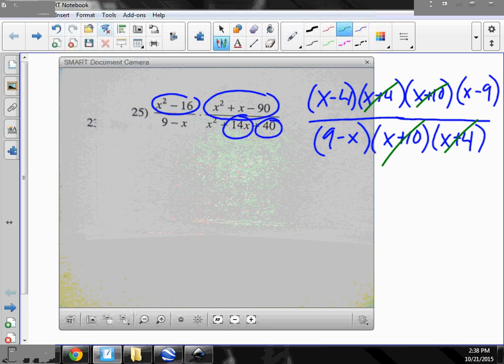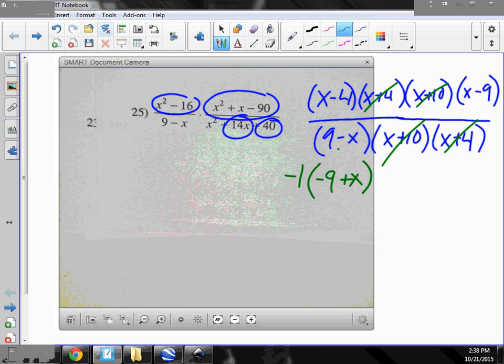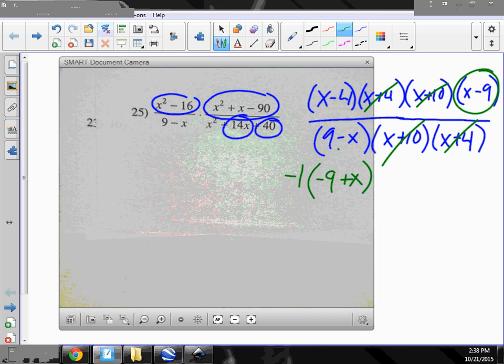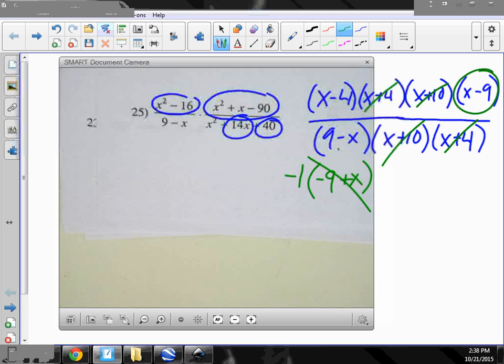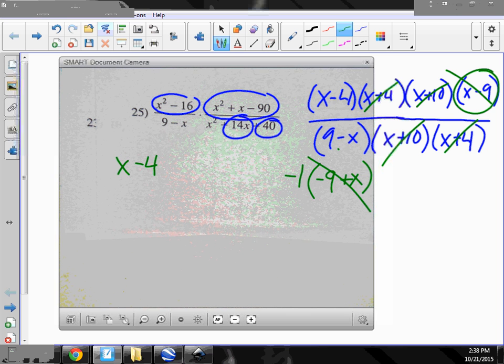We just did this on the last problem. Take out a negative 1. If I pull a negative 1 out of here, I'm left with negative 9 plus x. Is that the same as x minus 9? Yes. So now this cancels that, and I'm left with x minus 4 over negative 1.